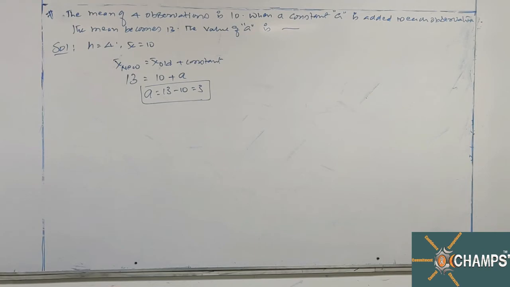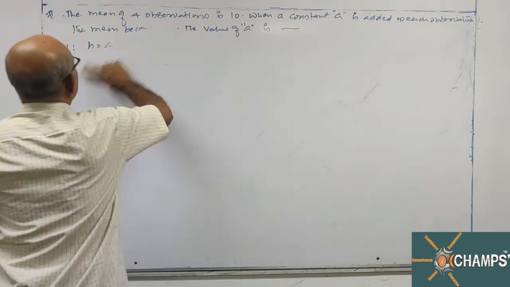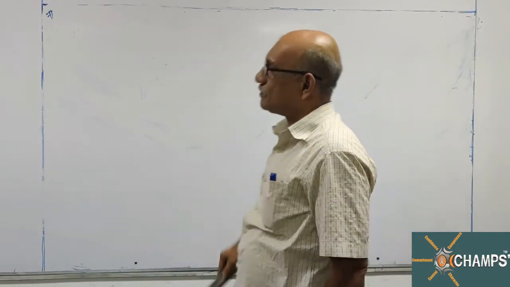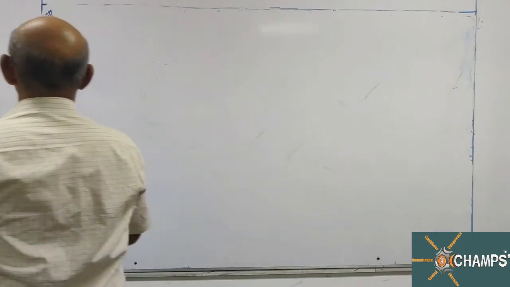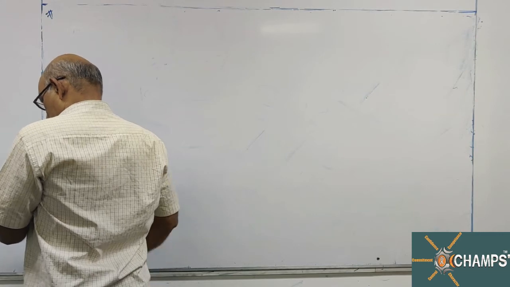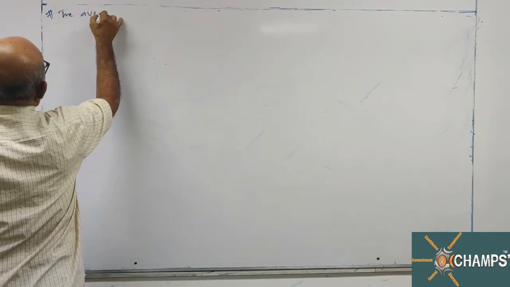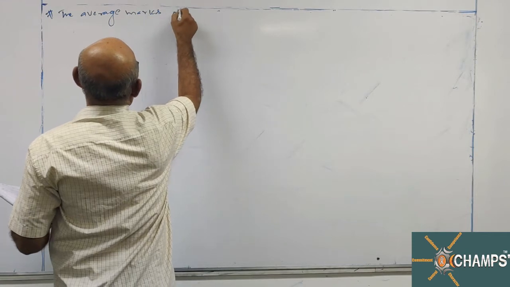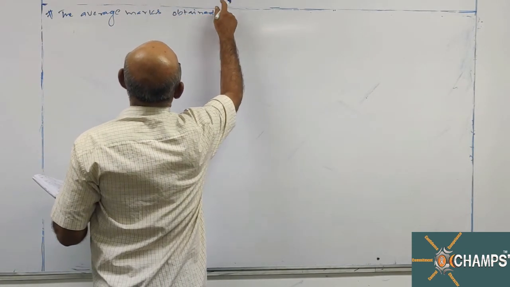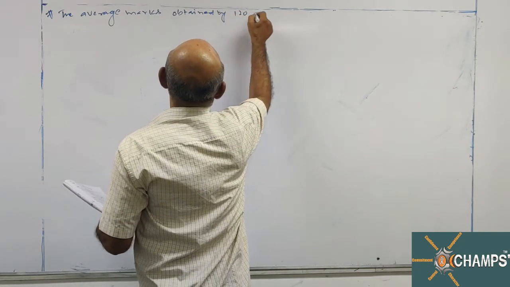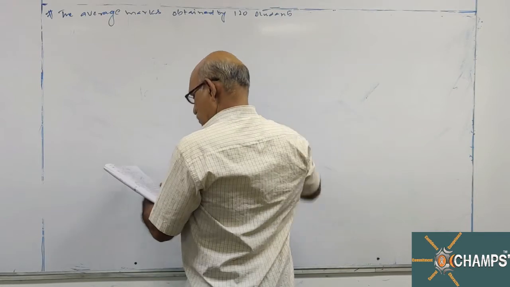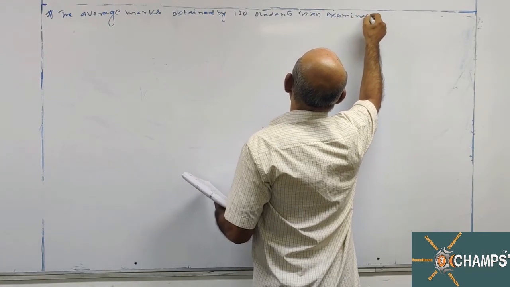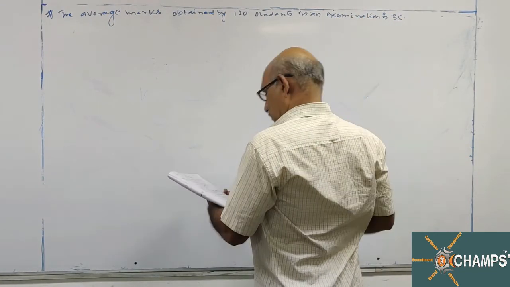Okay. See the next question. The average marks obtained by 120 students in an examination is 35.